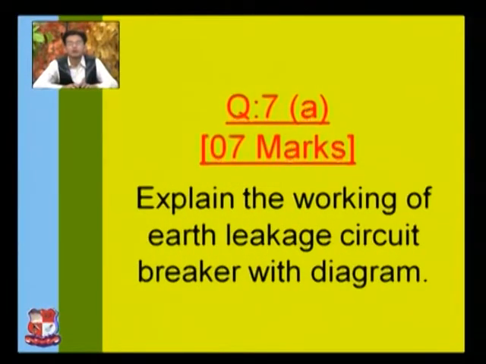Okay, now question number 7a is: you have to explain the working of the earth leakage circuit breaker with a circuit diagram. So what is the earth leakage circuit breaker? Fuse, MCB and earth leakage circuit breaker are 3 protective devices that can be used in the circuit in series with a supply voltage.